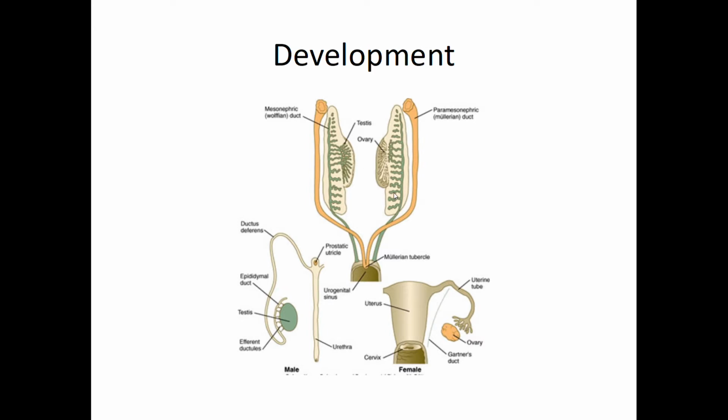Now we have separate ducts here, the Wolffian duct in here, and the Mullerian duct here. So the Mullerian duct in a female will develop into the fallopian tube. The Wolffian duct in a male will develop into the ductus deferens.